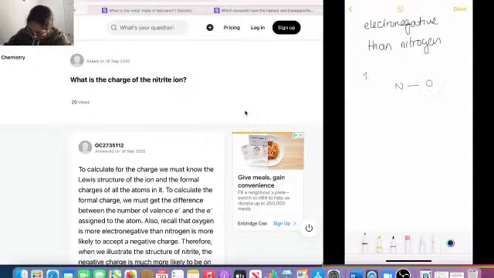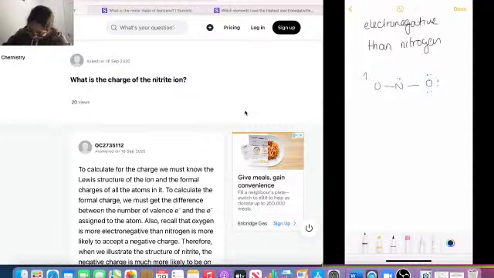We have oxygen here, and nitrogen has 2 more valence electrons, so this is going to be neutral.